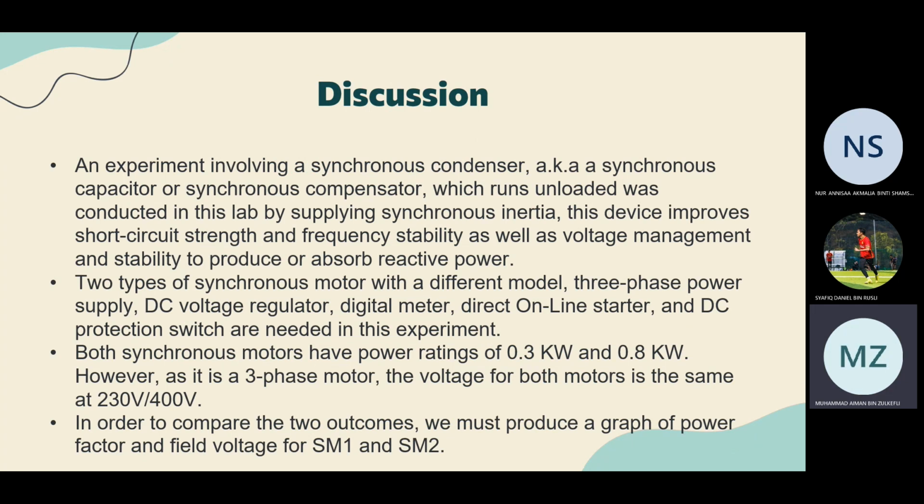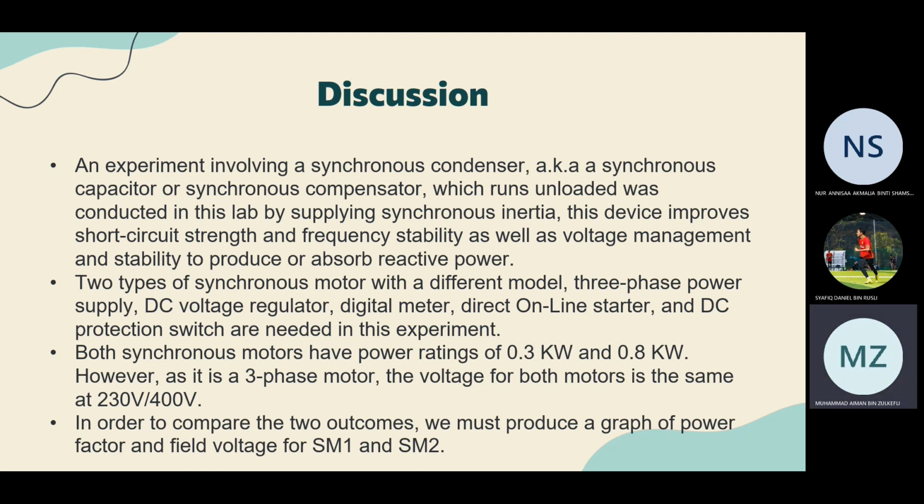An experiment involving a synchronous condenser, also known as a synchronous capacitor or synchronous compensator, which runs unloaded, was conducted in this lab by supplying synchronous inertia. This device improved short circuit strength and frequency stability, as well as voltage management and stability, to produce or absorb reactive power.